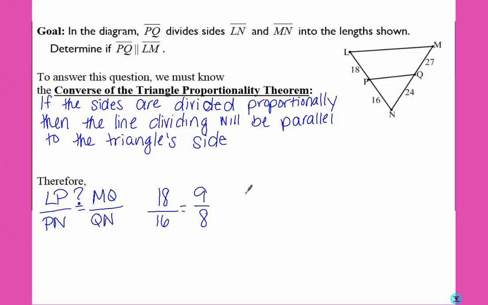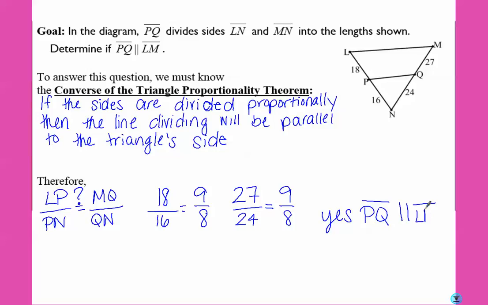Then we would also check MQ is 27, QN is 24. That also simplifies to 9 over 8. So yes, PQ is parallel to LM.